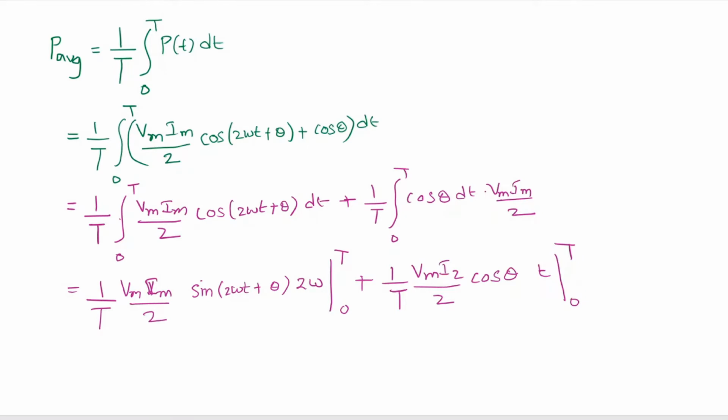So Vm Im by 2 into sine 2 omega t plus theta. Is the slide visible? Yes, sir. Sine a plus b formula, what is it? This is of the form sine a plus b, right?